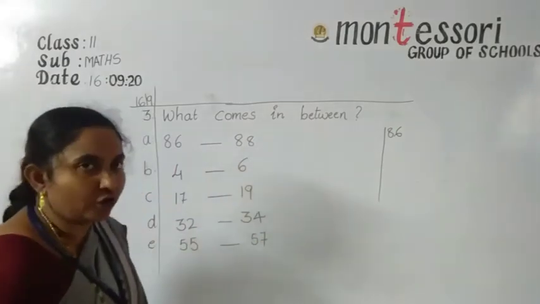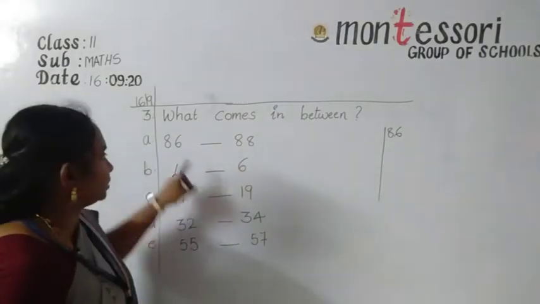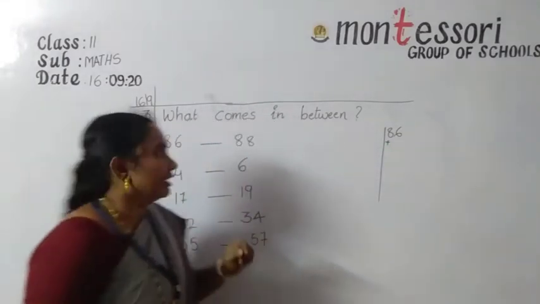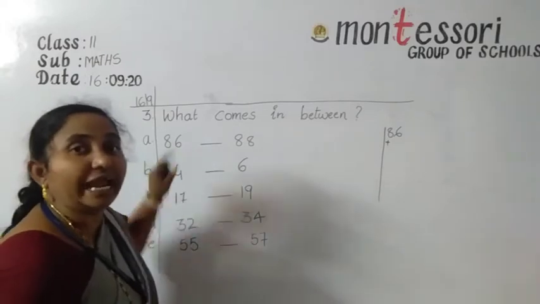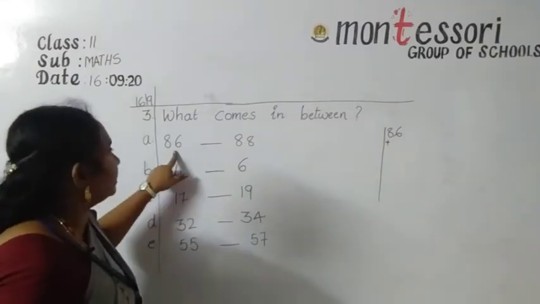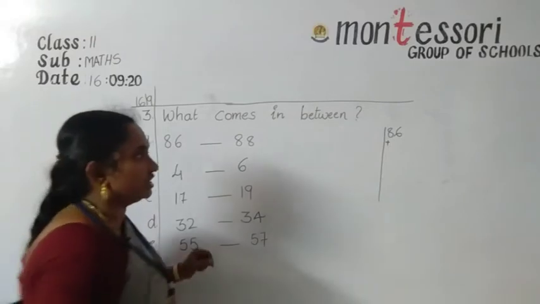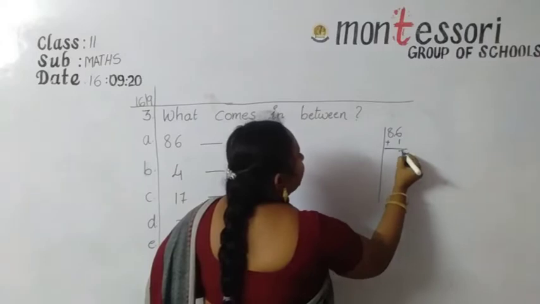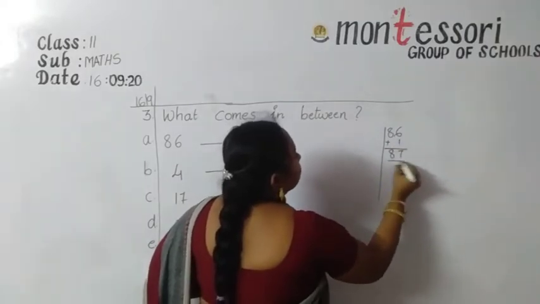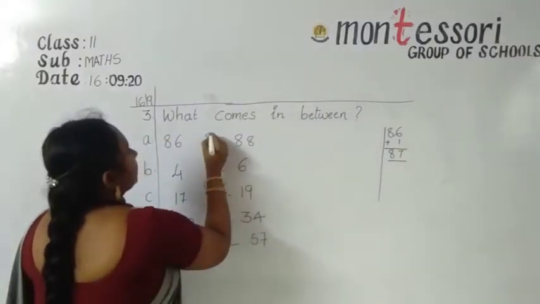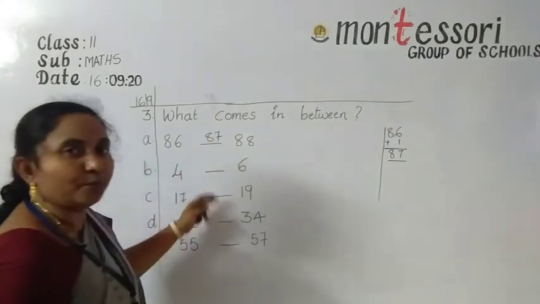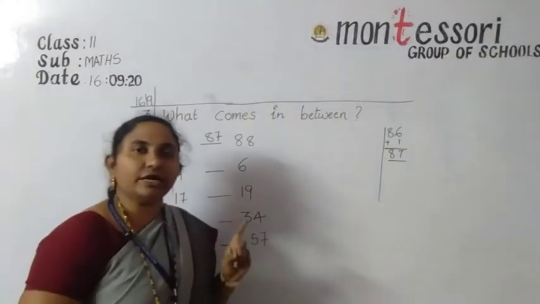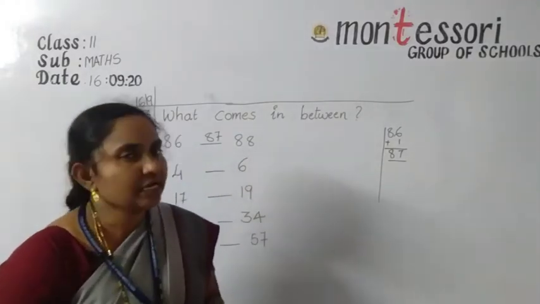Now we can find the number that comes just after 86, which is 86 plus 1. 6 plus 1 is 7. The answer 87 I am writing here. Likewise, the remaining 4 problems you can do in your classwork, take a pic and send it to your concerned WhatsApp group.